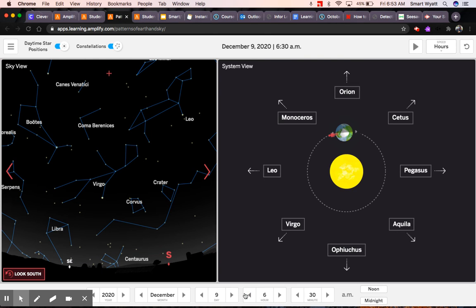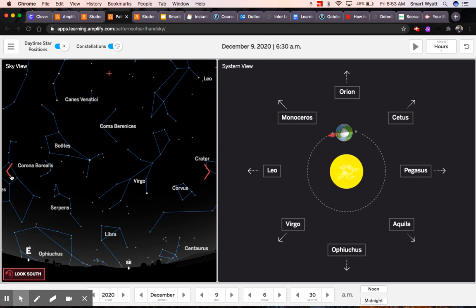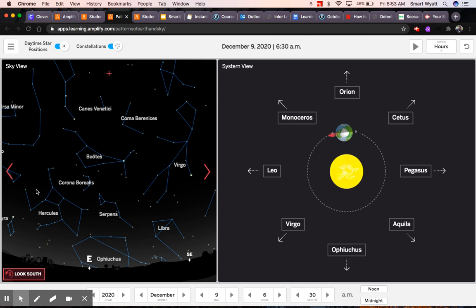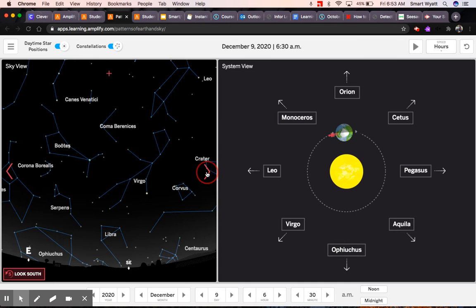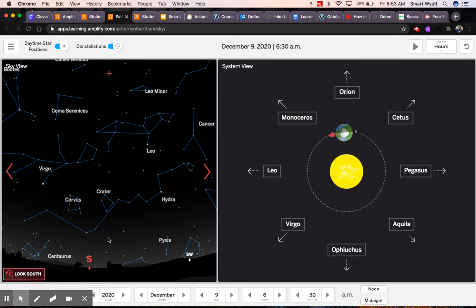Okay, that's the morning. At 6:30 in the morning, right about now, we're going to see stuff like Virgo and Serpens. Look, it's kind of moved. Earlier, Hercules was up there. Now it's moved over to the east. In the south, when we stare at it, it looks this way.